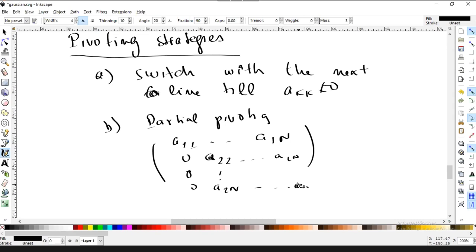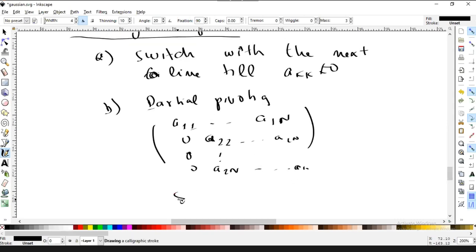We rearrange the lines such that here you have the maximum, and sort the lines according to the maximum value of the AKK.